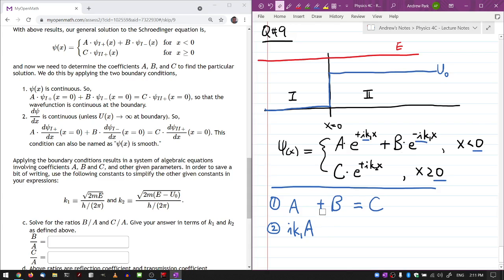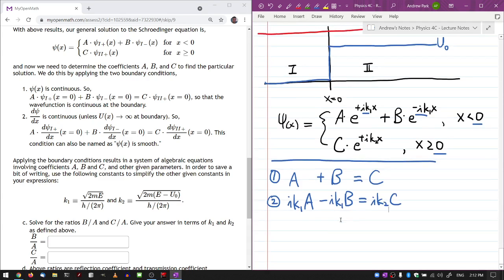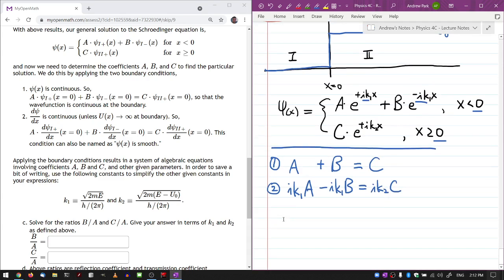So let me get rid of this plus and just plug in minus i k1 B is equal to C, taking the derivative here, I get i k2 C. I think I can pre-simplify to make things a little bit easier. So I can cancel out i from every term in the second equation. So I get k1 A minus k1 B is equal to k2 C.